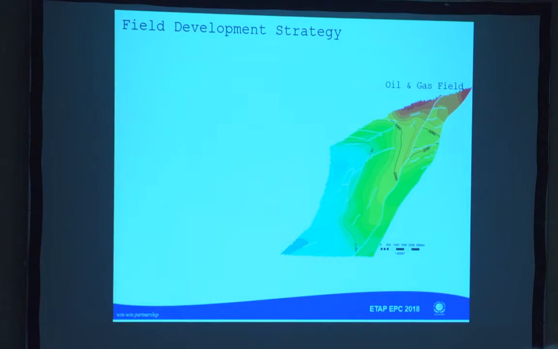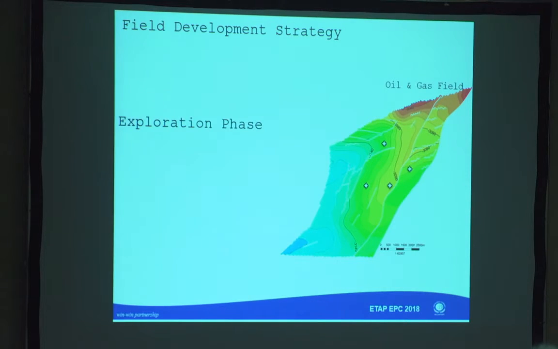In any field development project, we have a plan composed of 3 phases after the seismic and prospection. The first one is the exploration phase, where we drill a couple or few exploration wells.